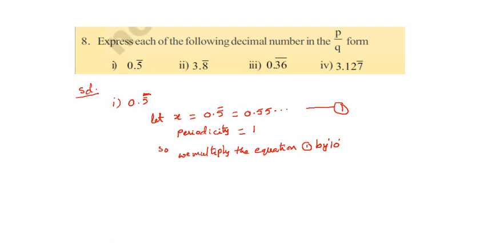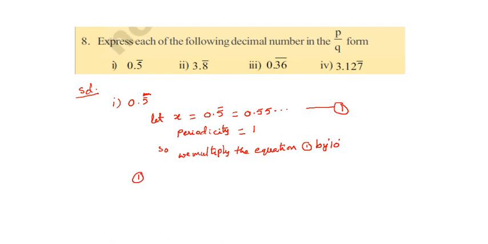Now we multiply the equation 1 by 10. Why? Because the periodicity is 1. Then you put a 0 after 1, that is 10. Now what do you get? 10 into x on the left side.